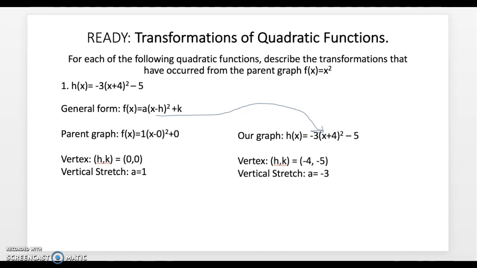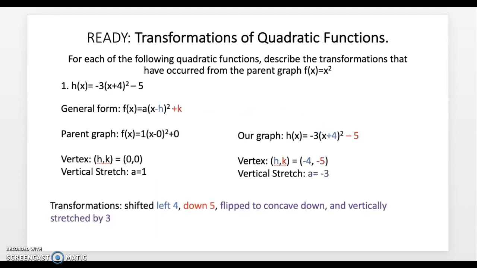So negative 5 is our vertex, our k. And then our vertical stretch is found from the a value, and so that's negative 3. So that means that we are shifting left 4, down 5, flipping to concave down because of that negative in the a, and vertically stretched by 3.